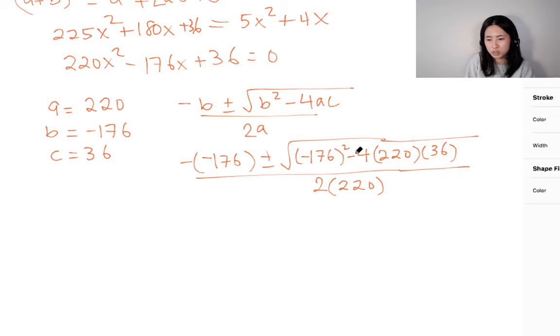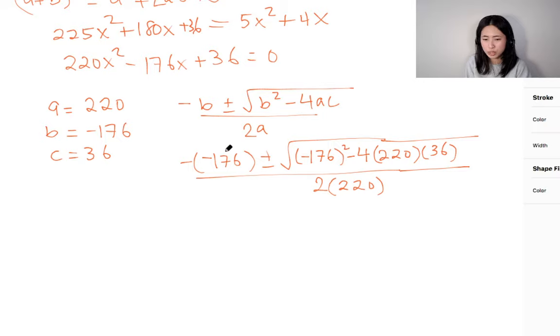Okay, maybe we can just deal with the one in our radical first, or the root. So negative 176 squared minus 4 times 220 times 36. You're going to get a negative number, and if you remember, we can't have a negative number inside a root, right? Especially in a square root. So that means there is no solution.